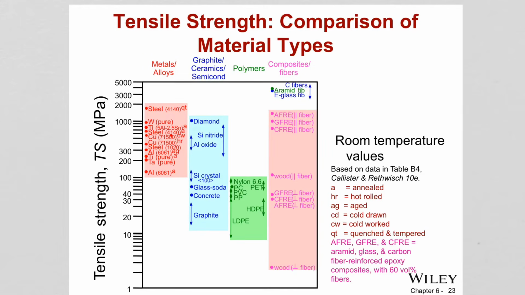This table again compares tensile strength. If you look at the stress-strain curve of each of these materials and choose the maximum point it reaches, and then read the strength value from the y-axis, that is going to give you the tensile strength.